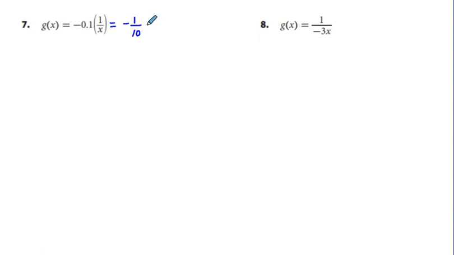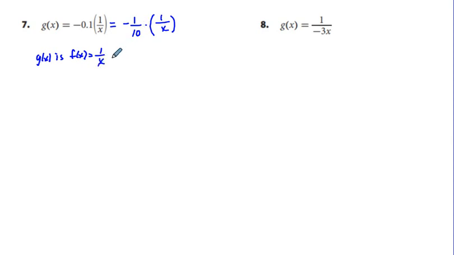And so it's going to be negative 1/10 times 1 over x. We have a being negative. So in this case, g(x) is f(x) equals 1 over x.